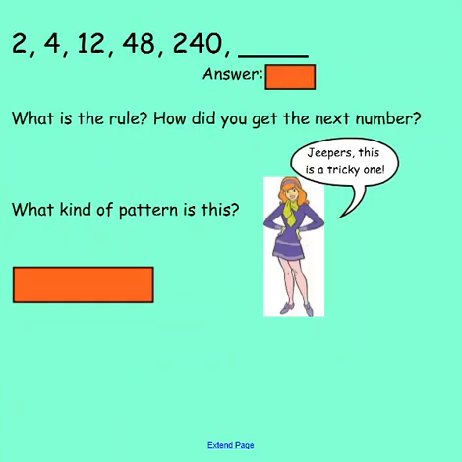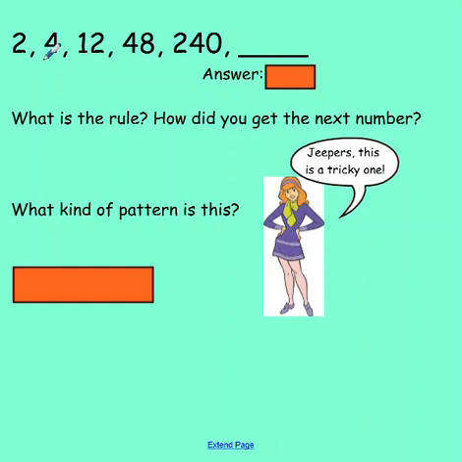Okay, take a look at this one. What's the rule? I could add 2. Look, 2 plus 2 is 4. Oh, but is 4 plus 2 12? So I could say plus 2 and plus 8? I don't know. What do you think they're doing?